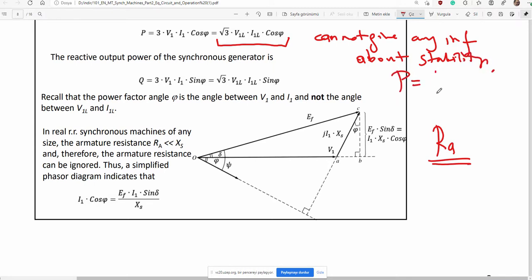If you write the power equation in terms of delta, theta, right now you can talk about stability.